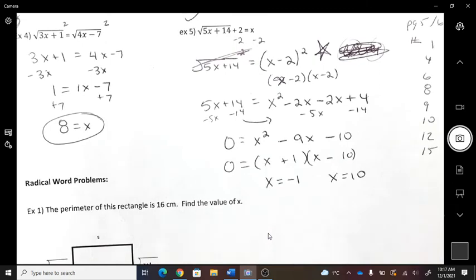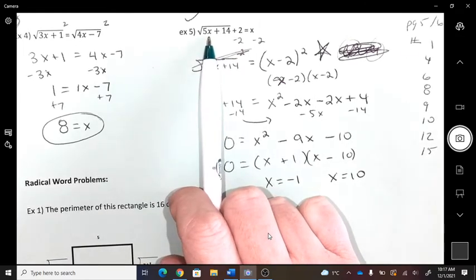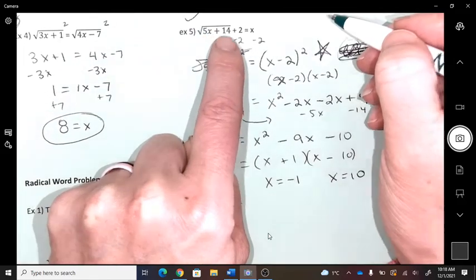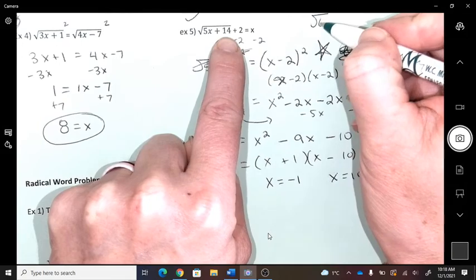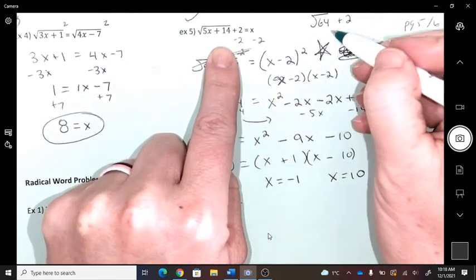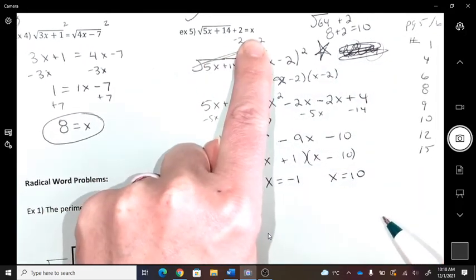Okay, so on this one, it's probably a good idea to check our answers, because sometimes when you get 2, one of them's not a good answer. Ready? I'm going to plug in 10. 5 times 10 is 50. 50 plus 14 is 64. The square root of 64 is 8. 8 plus 2 equals 10, which is the x value.